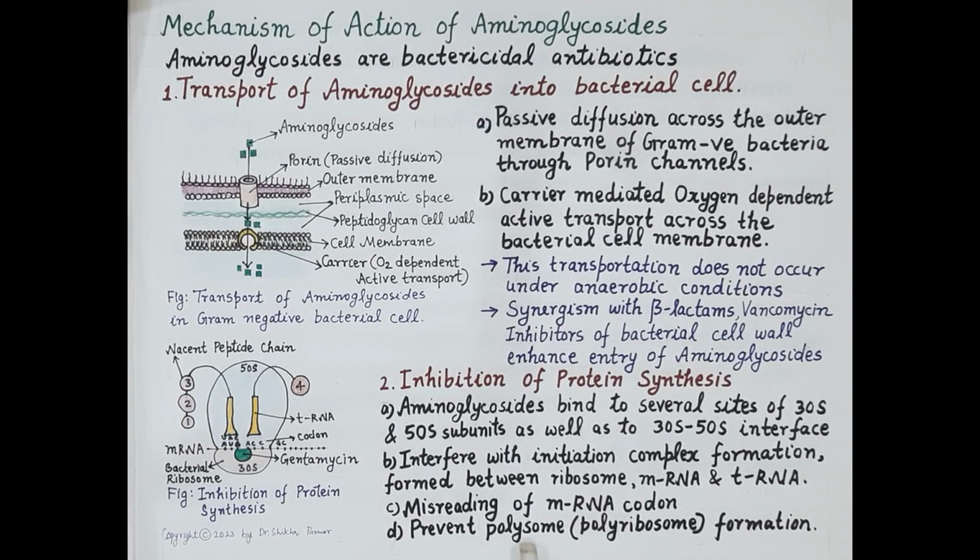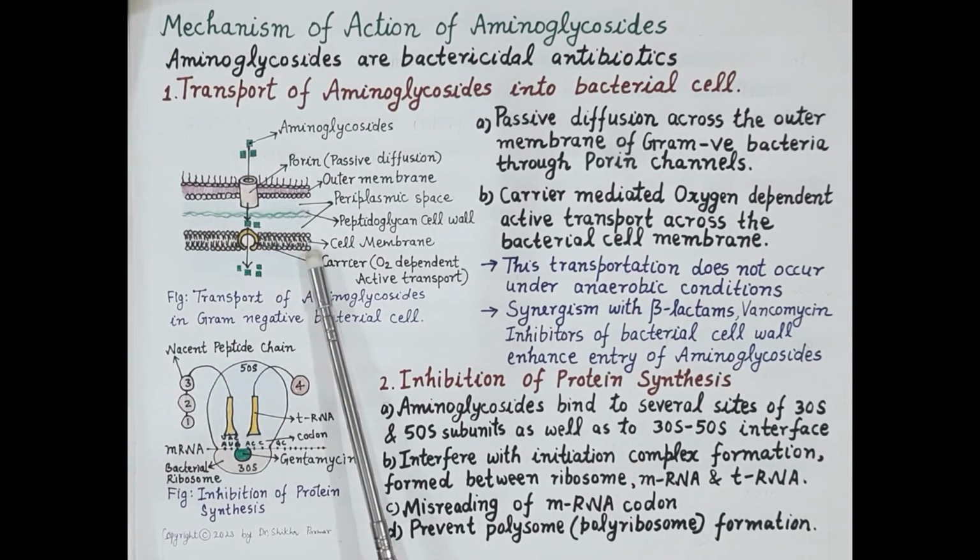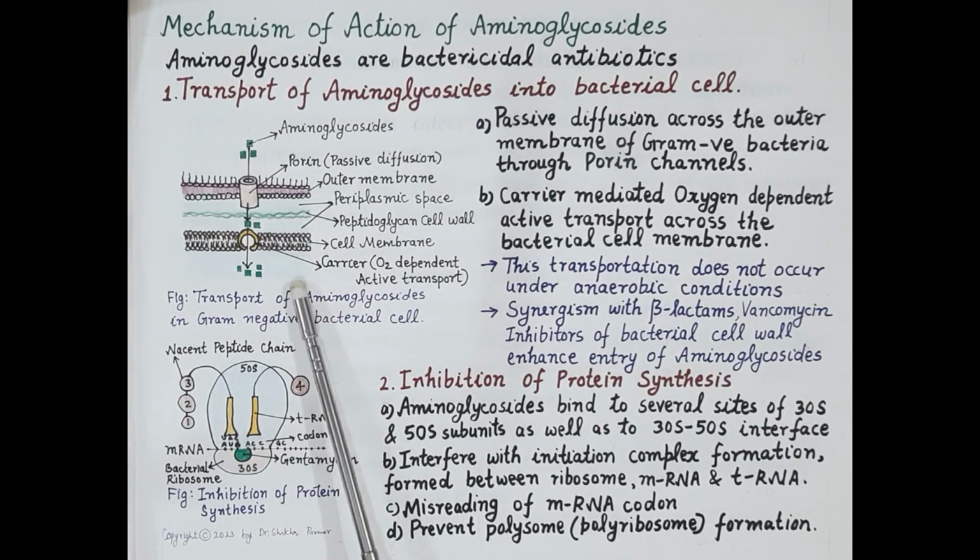But as polysomes are not formed because of the aminoglycoside, a single protein is synthesized, and that too non-functional. Some of these non-functional proteins get incorporated into the bacterial cell membrane. So, the cell membrane becomes too permeable, it becomes leaky, and therefore ions, amino acids, proteins leak out from the cytoplasm of the bacterial cell.